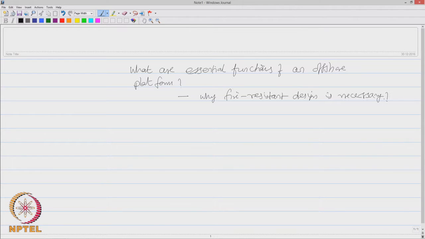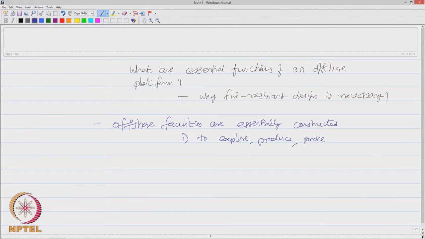Let us ask this question. We already know that offshore facilities are essentially constructed to explore, produce, process and store hydrocarbons.